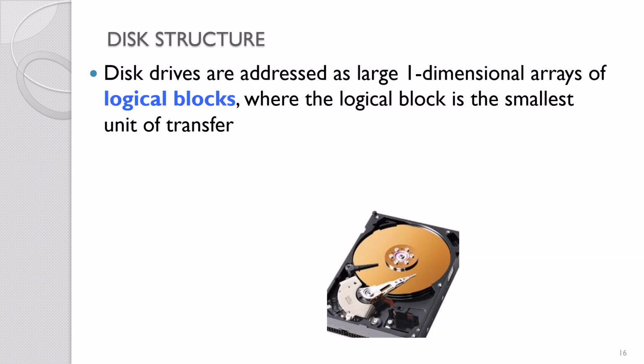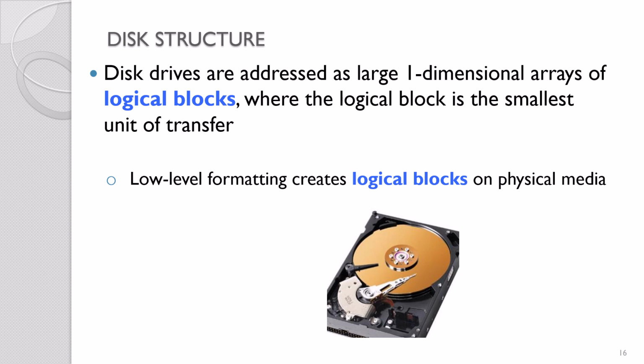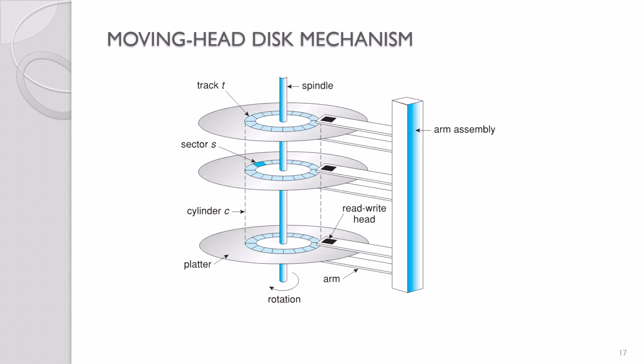With hard disk drives, all of the data is presented as a big array of logical blocks. So let's look at the structure of a hard disk. You have a bunch of platters, and on those platters are concentric tracks. All of the tracks on all of the platters together are called a cylinder. And then the tracks are broken up into little pieces called sectors.